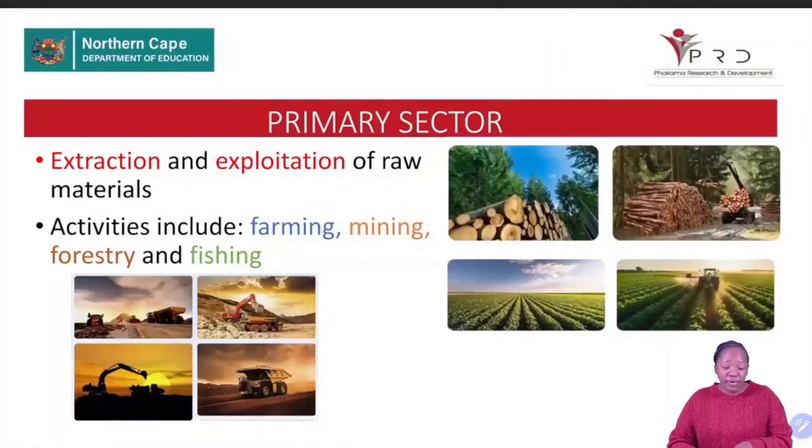If we may repeat the definition, we are saying it's the extraction and exploitation of raw materials. And then again, if you may repeat, what are the examples of the primary sector? We're talking about farming, mining, forestry, as well as fishing. So those are the examples.